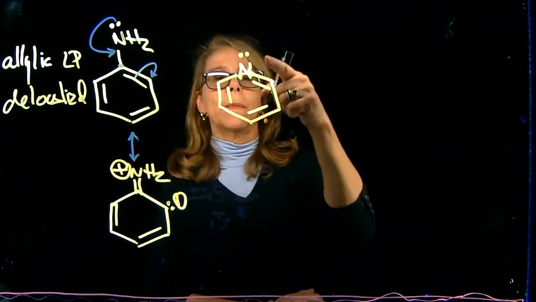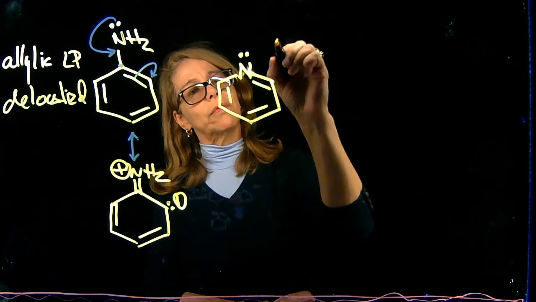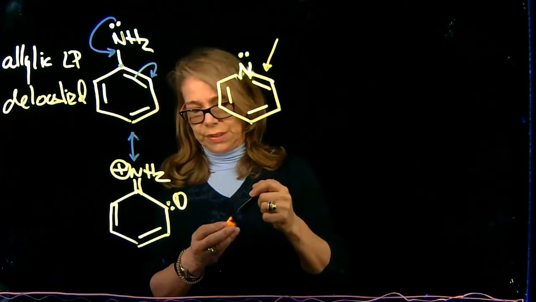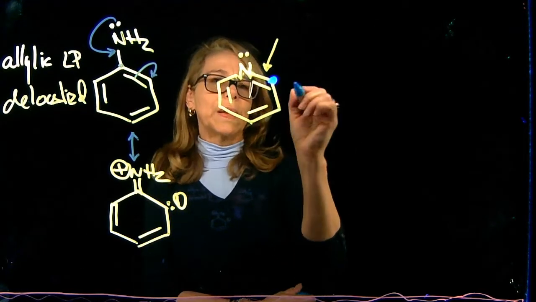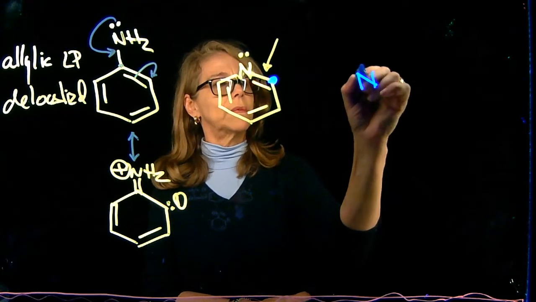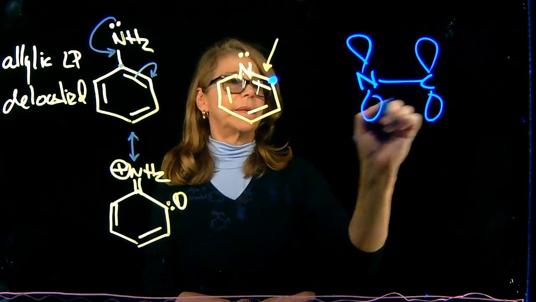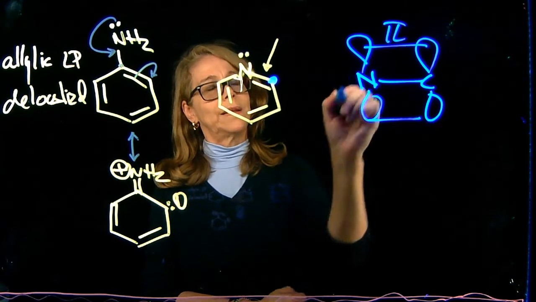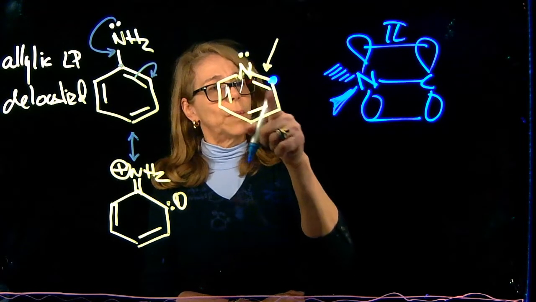This one is on a nitrogen that is sp2 hybridized. But now we need to recognize that there is a pi bond between the nitrogen here and the carbon right here. And so that means that already my nitrogen is using a p unhybridized orbital in making that bond. And if this is sp2 hybridized, I'm just drawing this part.